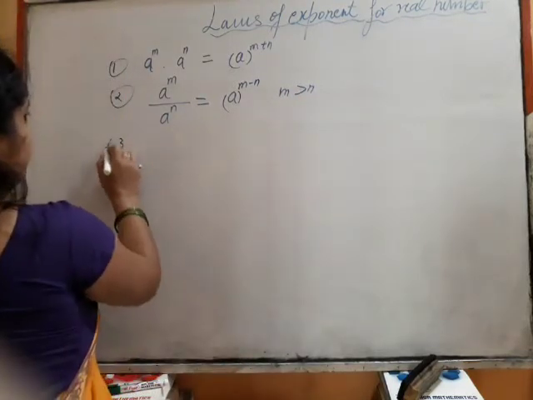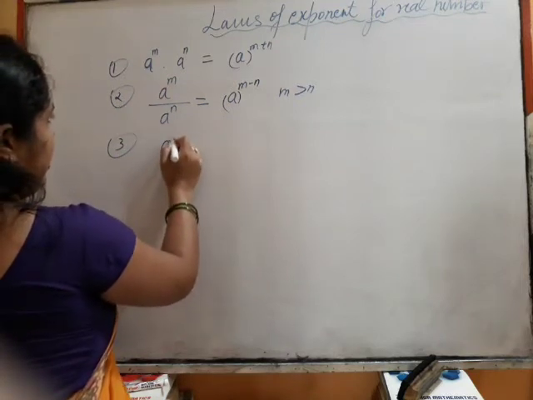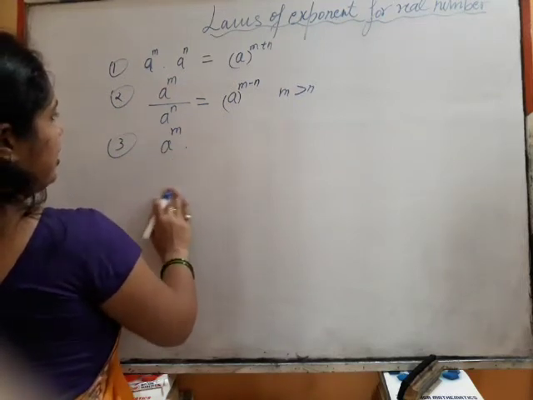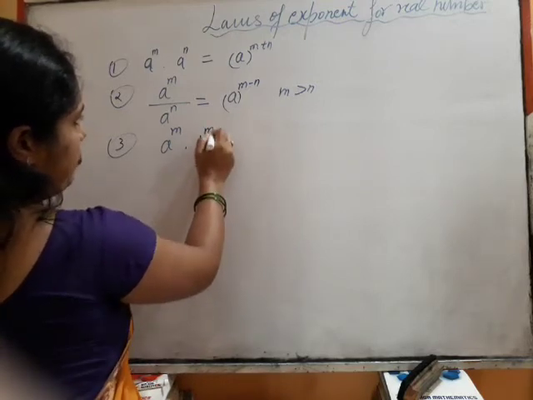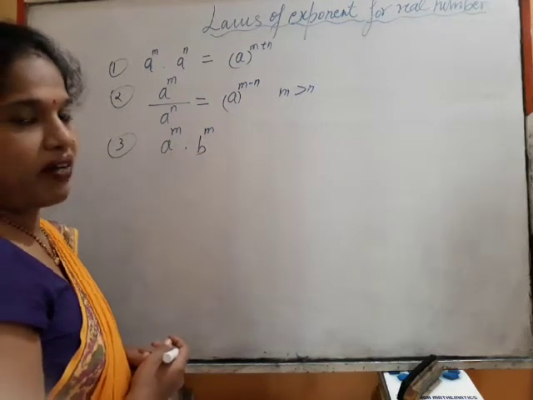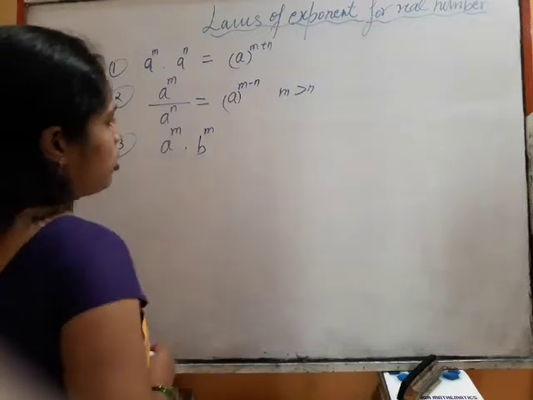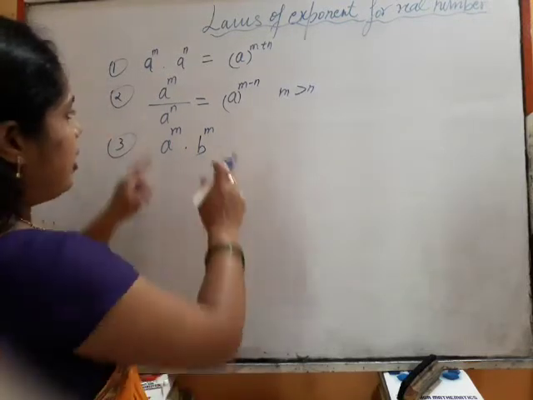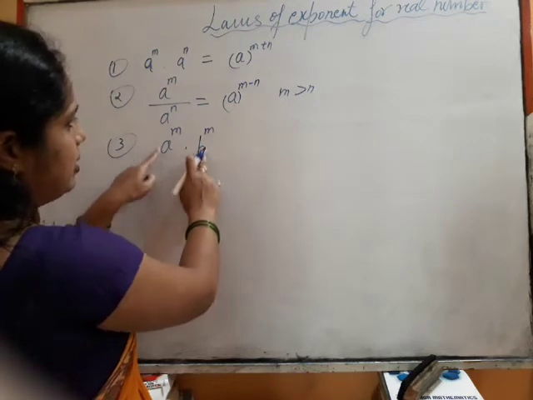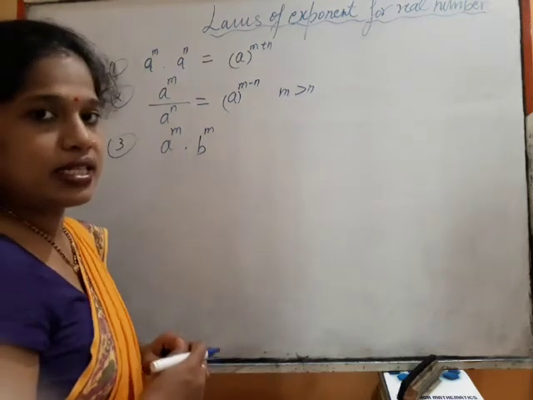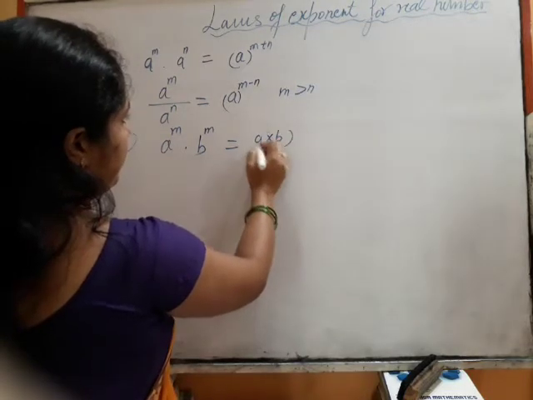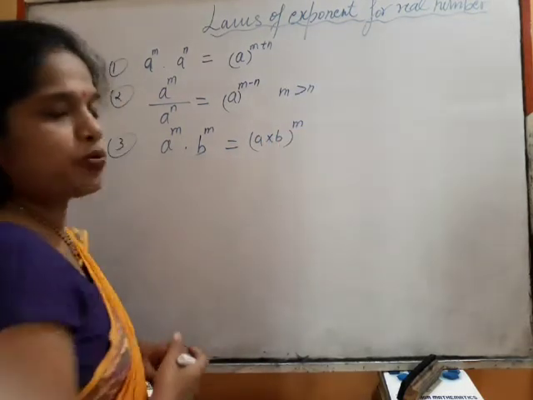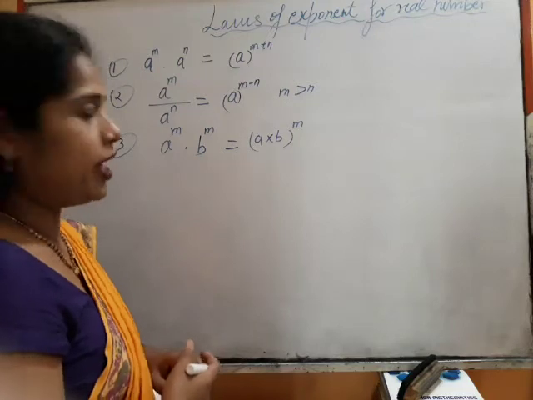Now the third one, a raised to the power n times b raised to the power n. In the product, the bases are different but the power is the same. So in this case the bases will get multiplied with the common exponent or power.